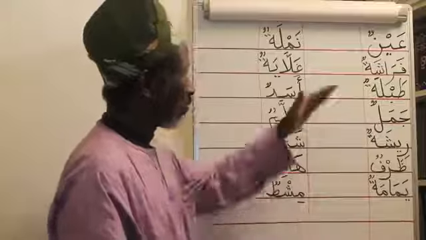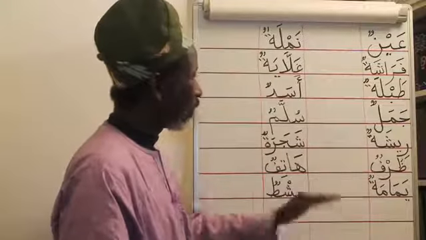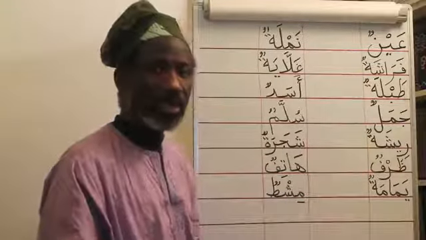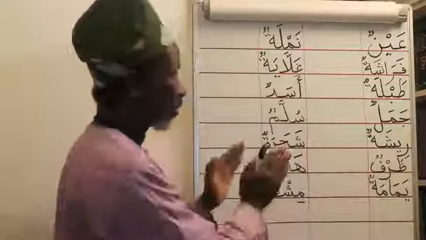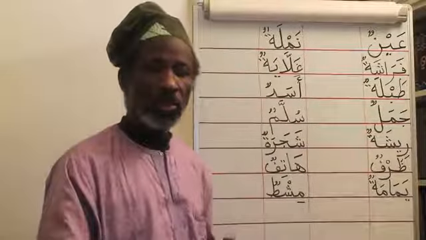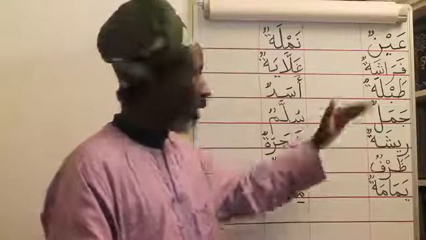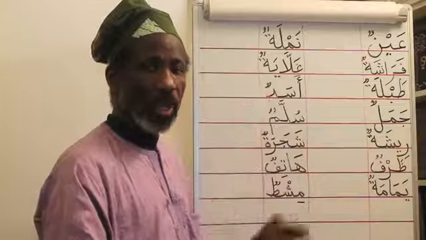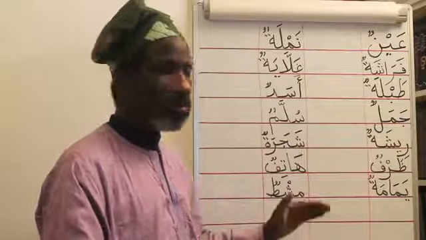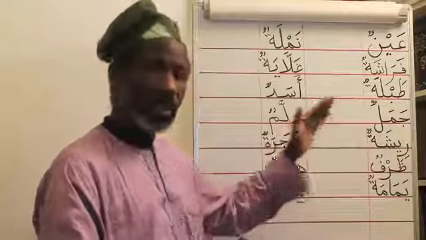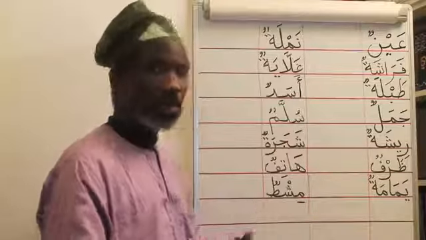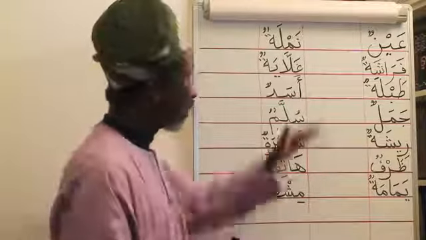The words you have in front of you now are taken from page 68. This is just to test you on your understanding of moon letters and sun letters before adding the "al" and seeing what the implication of that is. This is a mix.